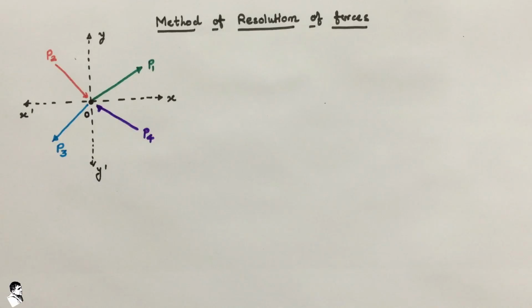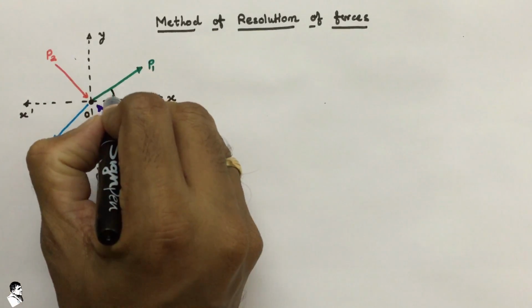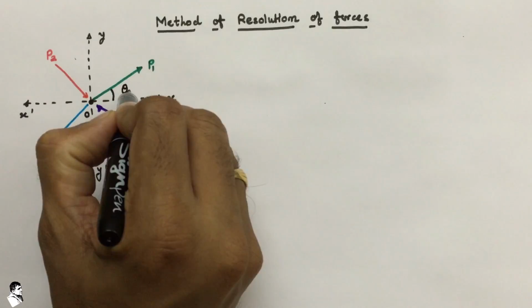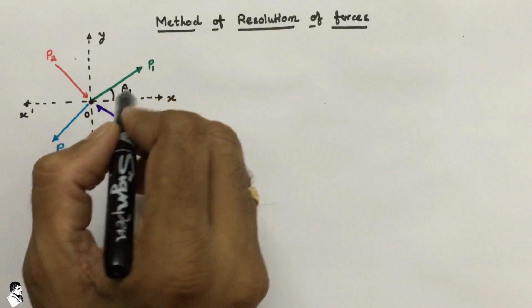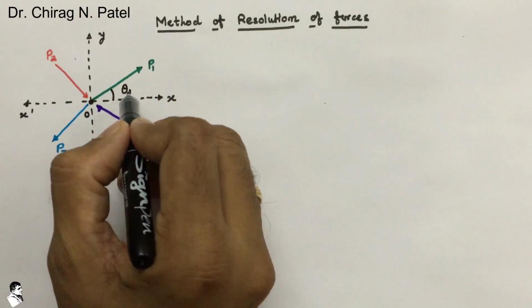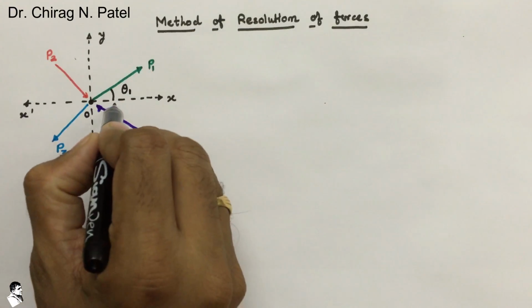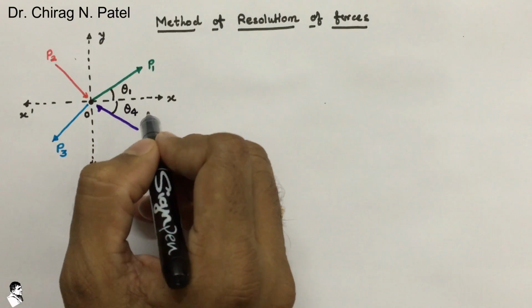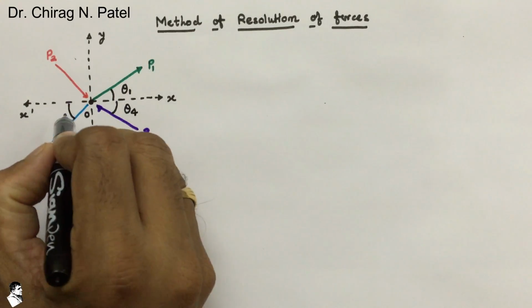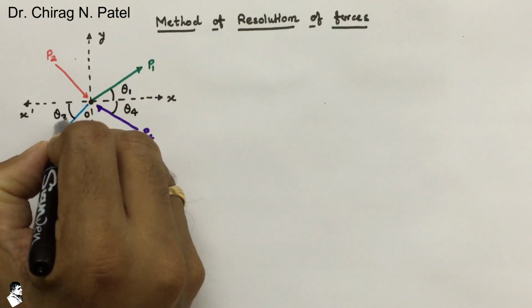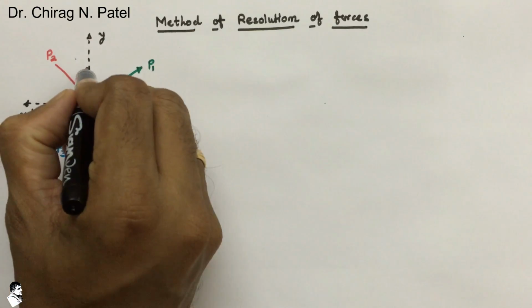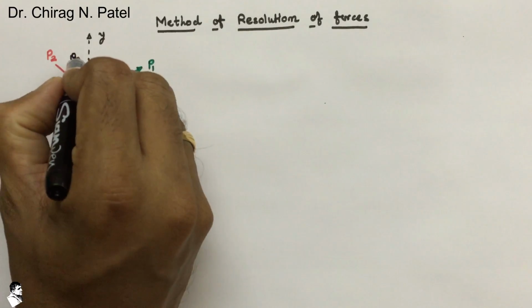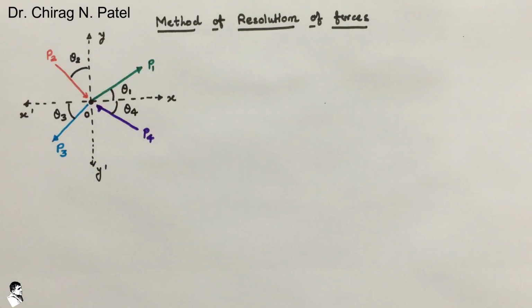Now we consider the different angles that the forces make with the X and Y axes. Here P1 makes theta 1 angle with the X axis, P4 makes theta 4 angle with the X axis, P3 makes theta 3 with the X axis, and P2 makes theta 2 angle with the Y axis.